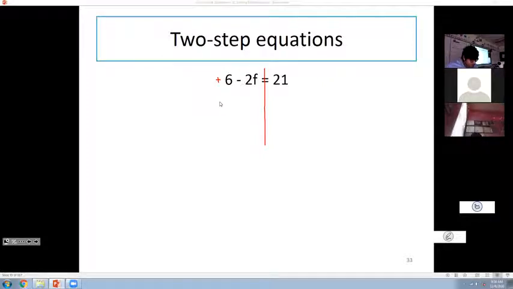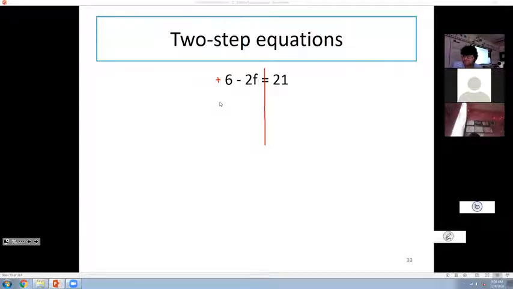So let's remember from yesterday, ladies and gentlemen. What is the inverse operation of addition? Do you remember? Thank you so much. It is subtraction.